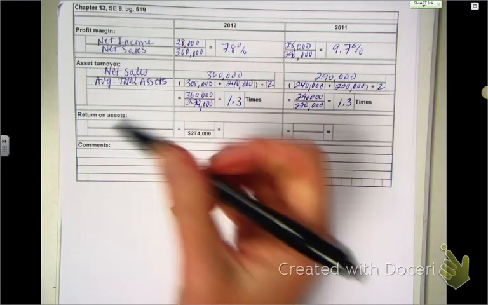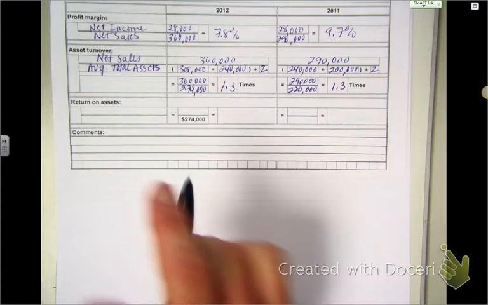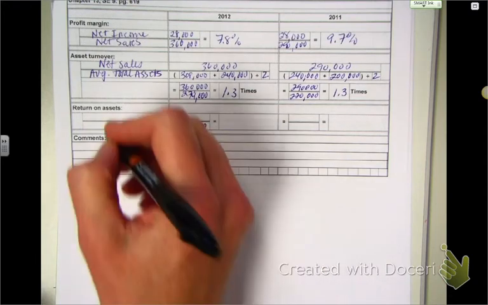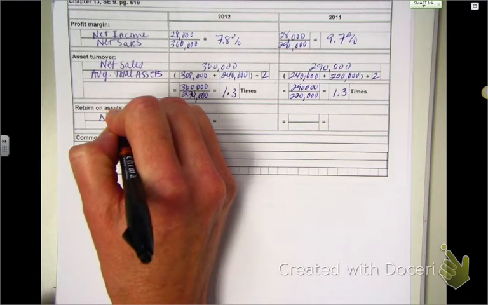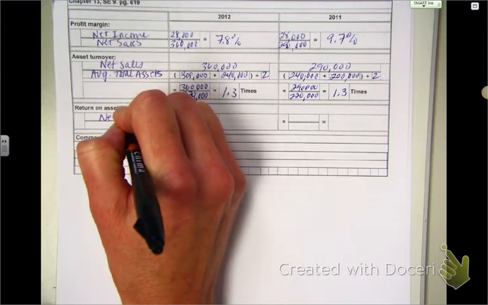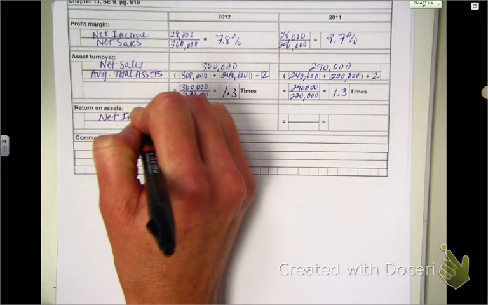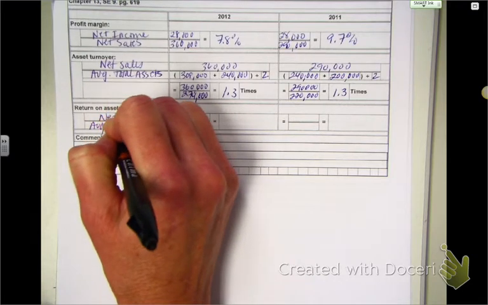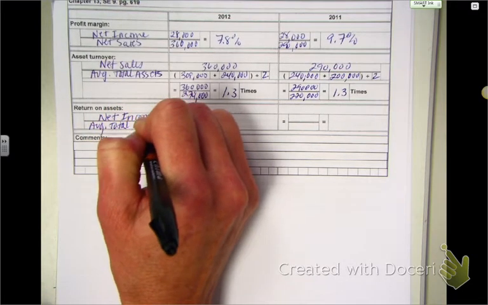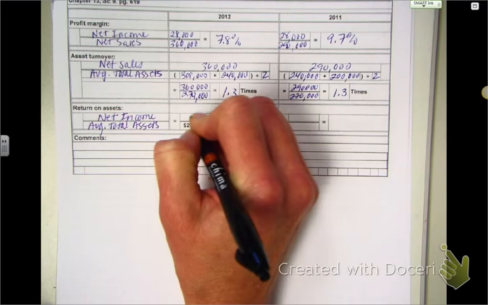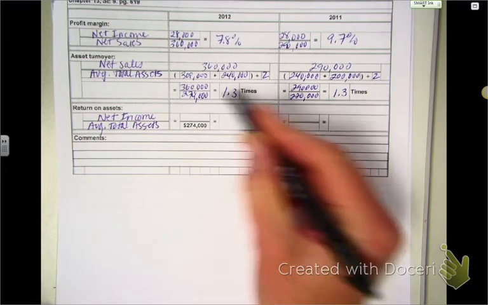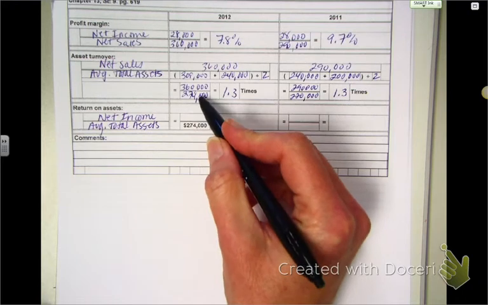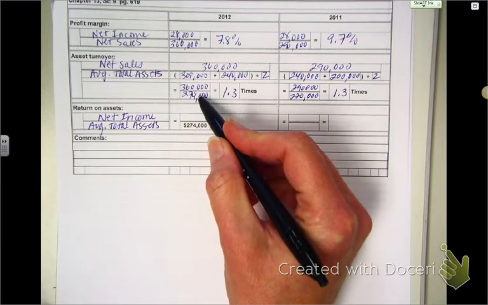Okay, next we're going to look at our return on assets for this company. Again, start out with our formula, net income over average total assets. And we can use that same denominator in each of these, because we already calculated the average total assets in the previous problem.